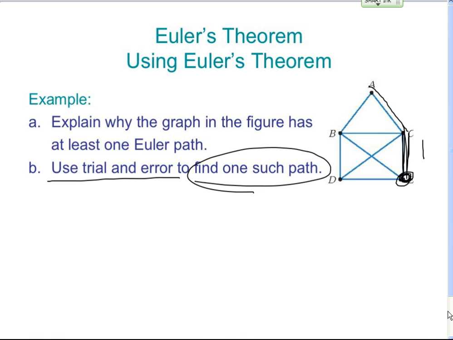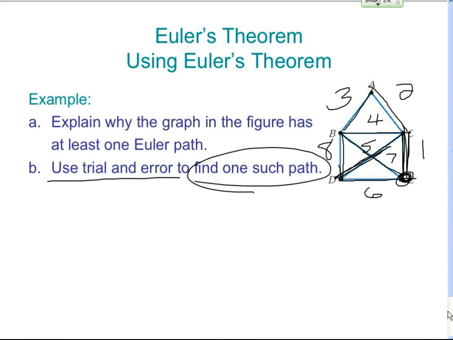Let's go to A, to B. Let's go back over to C, down to D, over to E, back up to B, and then down to D. And I believe that gets every edge.